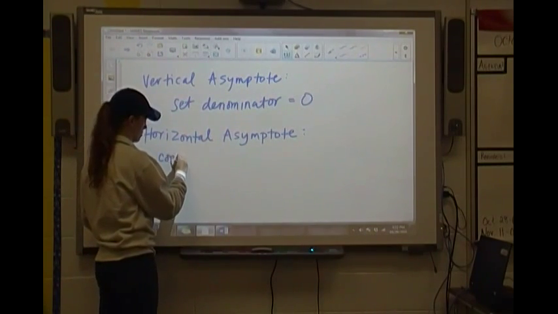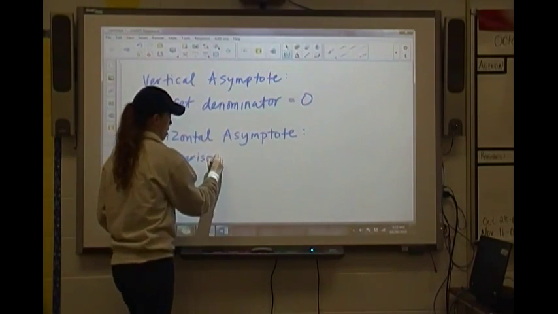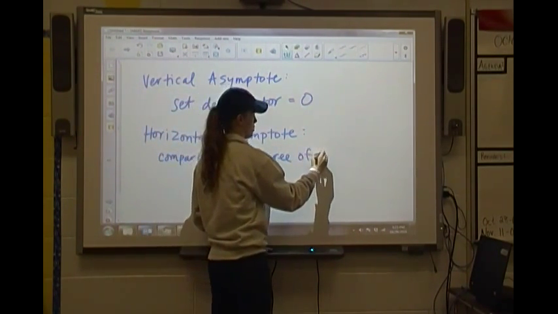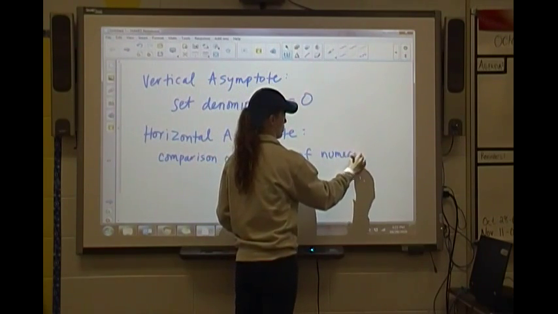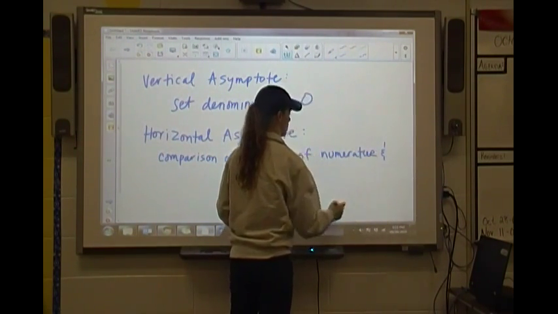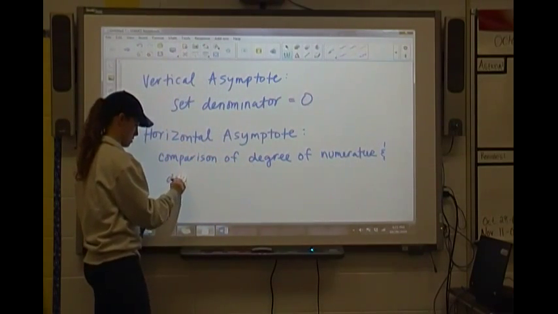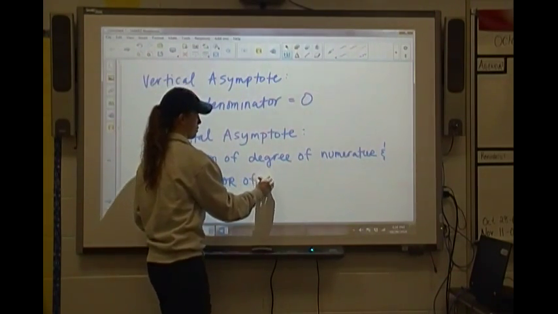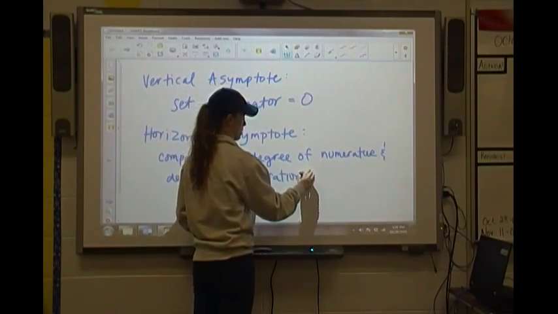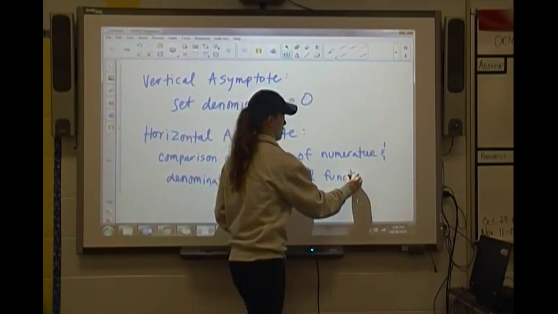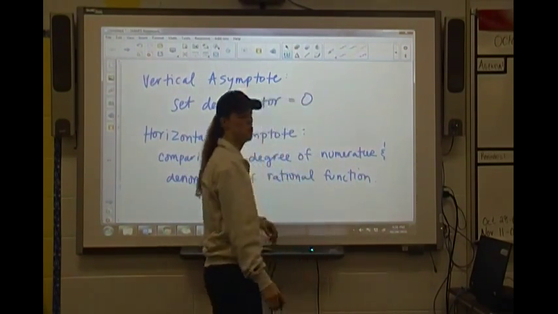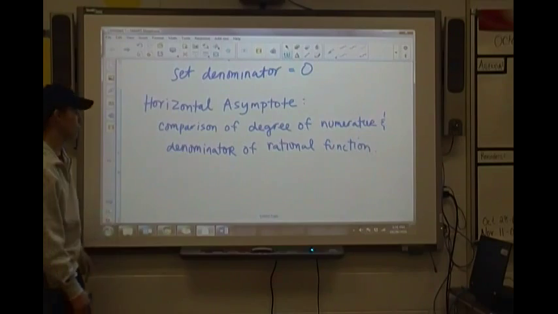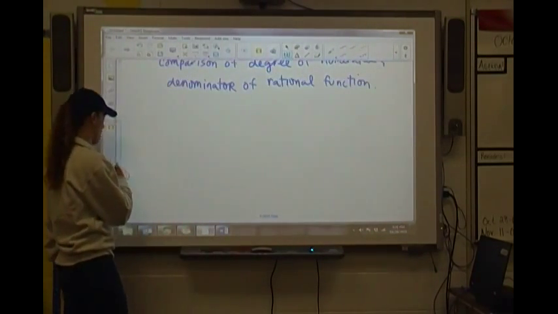So it's a comparison of the degree of the numerator and the denominator of a rational function. So you really have three scenarios that can happen for that comparison of the degree for those horizontal asymptotes. Let's take a look at those three scenarios.